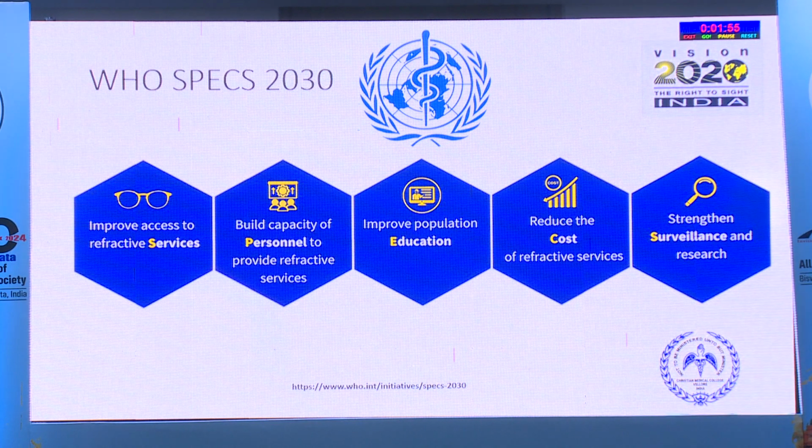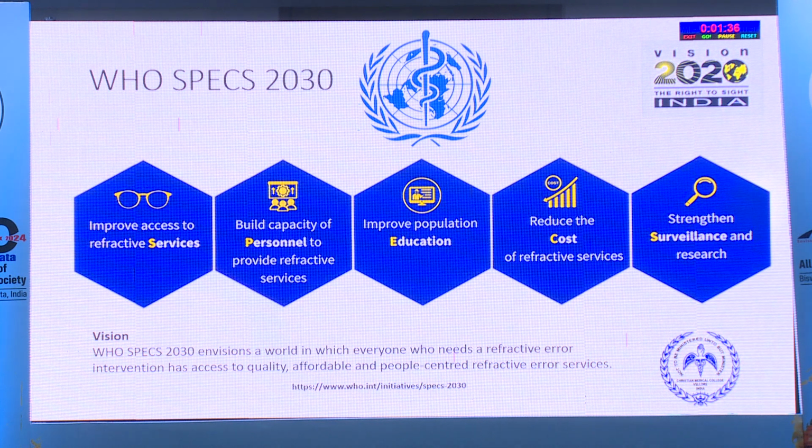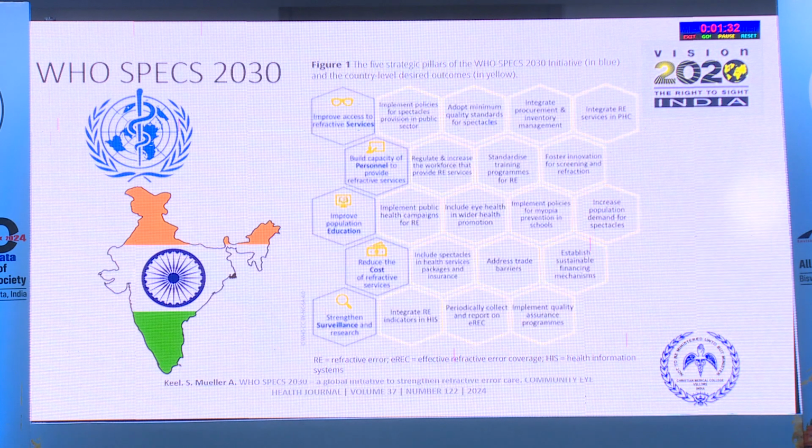It has launched the SPECS 2030 initiative, which rests on 5 pillars, which are spelled by the acronym SPECS: improving access to services, building capacity of personnel, improving population education, reducing the cost, and strengthening the surveillance. The vision is, of course, that everyone who needs a correction will have one easily.